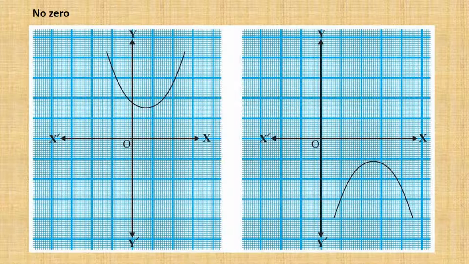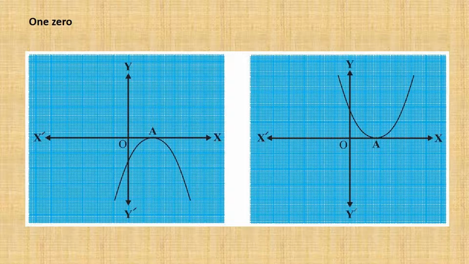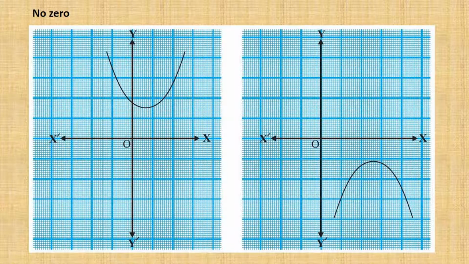So what did we discuss today? The zeros of second degree polynomials, the geometric idea, and a special shape for a second degree polynomial, which we name the parabola. These graphs can intersect the x-axis at 2 points, so there can be 2 zeros, or at only 1 point, so there is exactly 1 zero, or it can have no zeros.